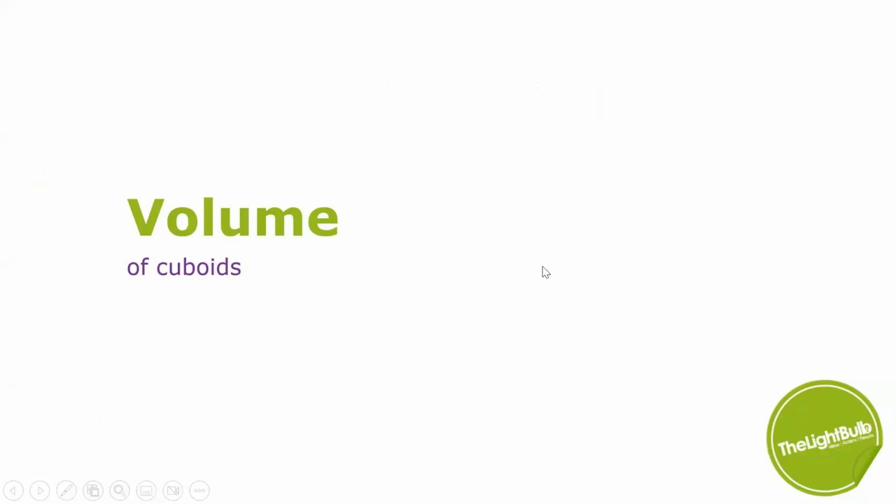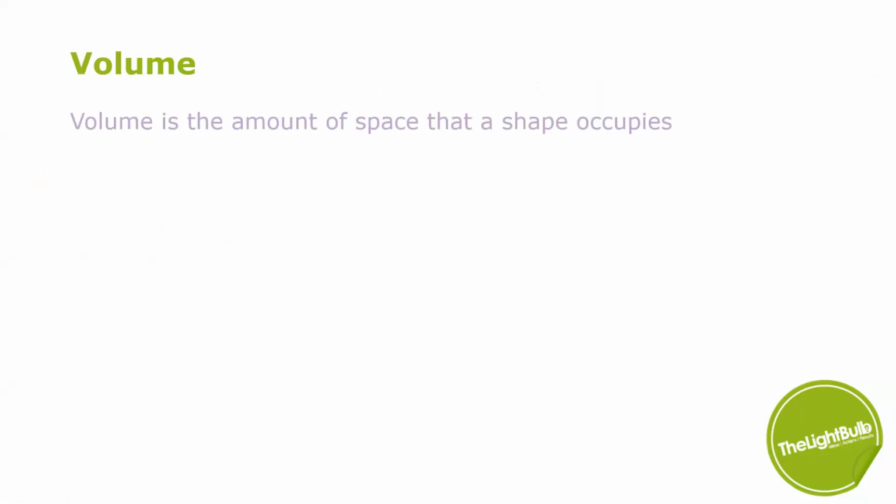Okay, so the volume of cuboids. This is a level 1 topic, and it's the first point at which we start really looking at this topic of volume. Now, first of all, volume is the amount of space that a shape occupies. Previously, we've looked at area and perimeter, and we've been dealing with two-dimensional shapes.